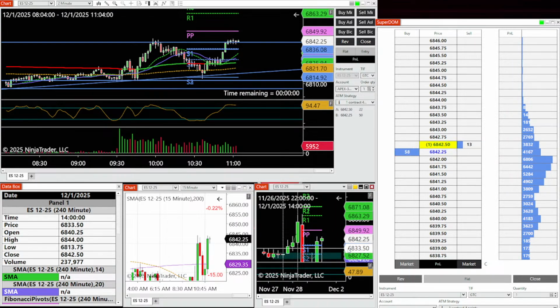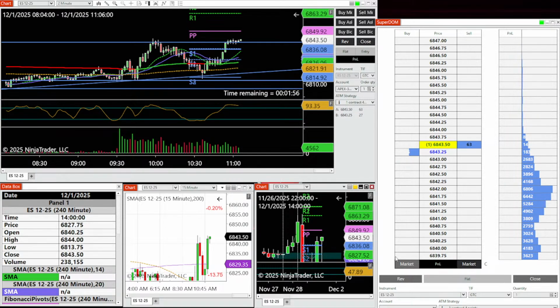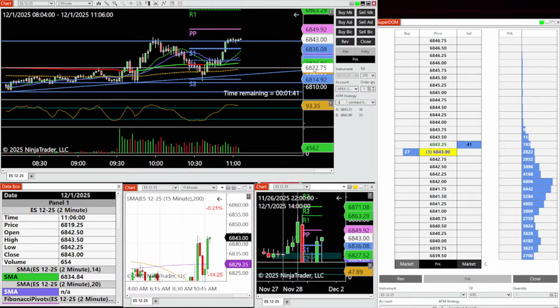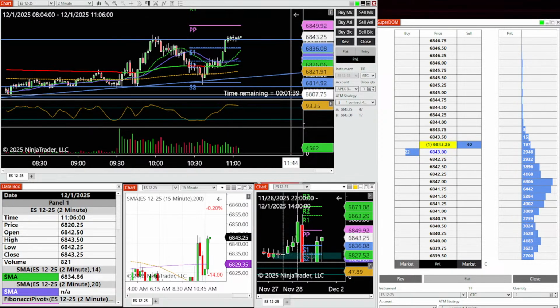Mind you, on a daily chart, it's still down. I don't like breakouts. But we're looking at a squeeze possibly to 44.